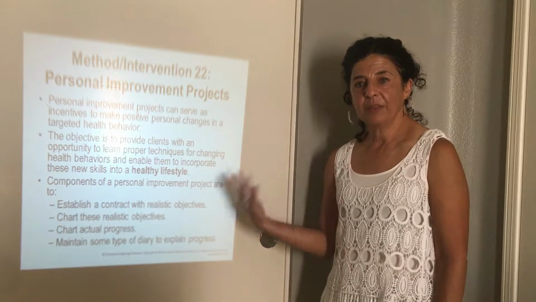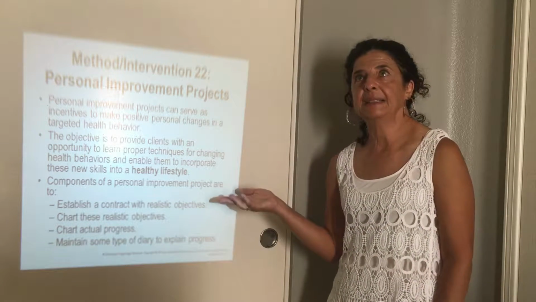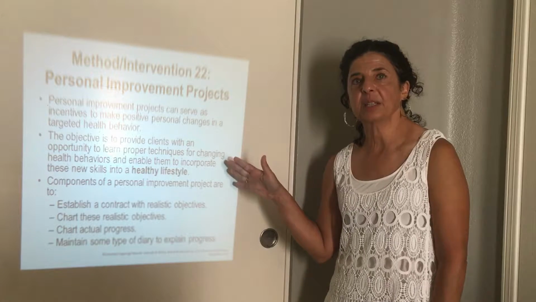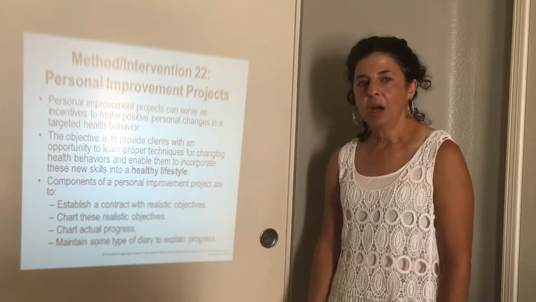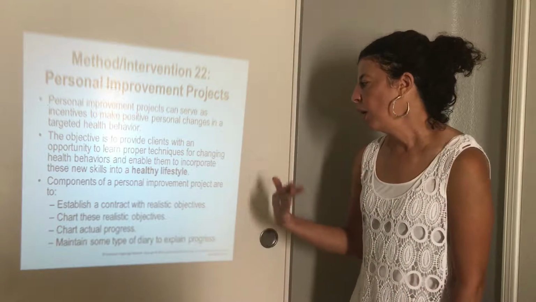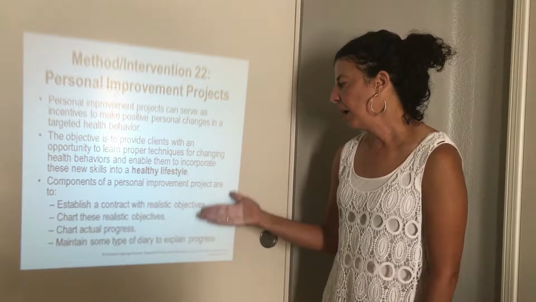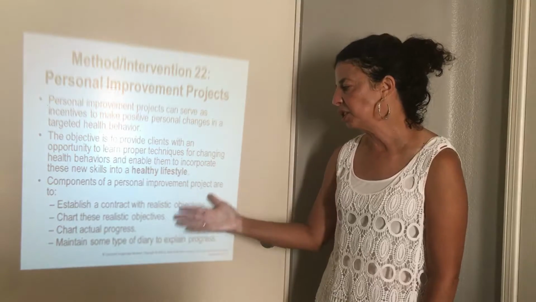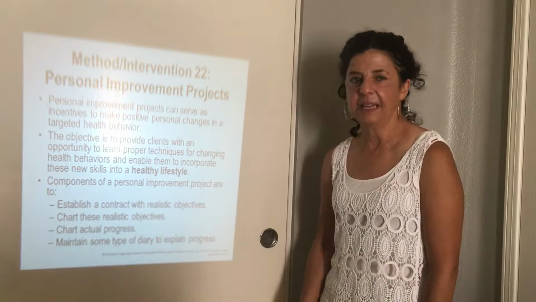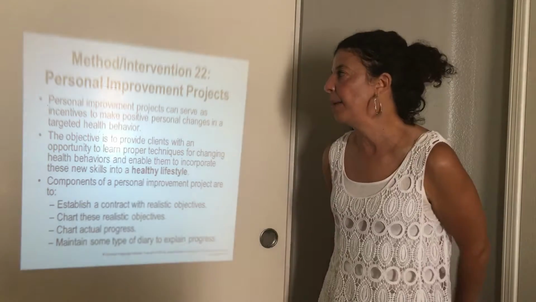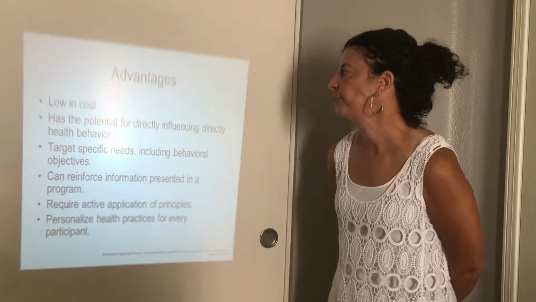So an example of a personal improvement project might be keeping a food diary or helping people to quit smoking. So it gives people their own objectives. They can chart that, they can look at their progress, and they can use some kind of diary or log to explain that progress.